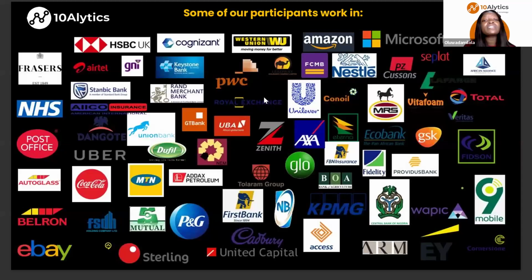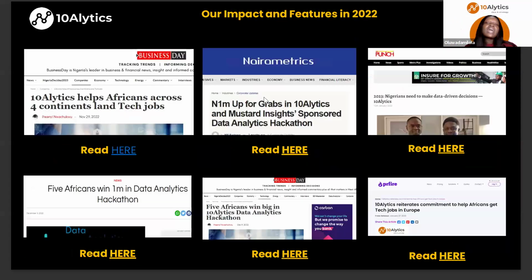Some of our participants work in companies like Cognizant, Frasers, P&G, Orthoglass, Ecobank, Glow, Paystack, First Bank. It goes on and on like that. We've also made a lot of impact in the last 2 years.